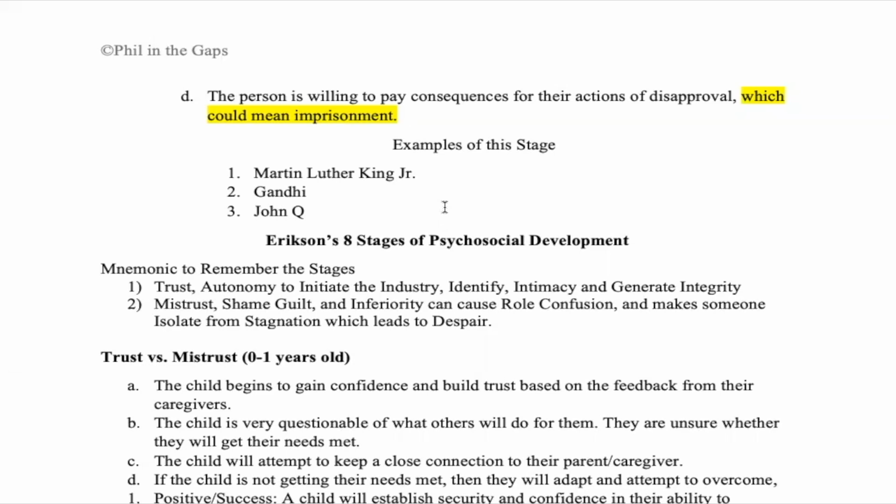The next example, Gandhi, was willing to fast and put his own life on the line and have peaceful protest in order to stand up for his country getting their needs met and getting independence in some way, shape, or form. It wasn't just, all right, it's only my community. It's like, you know what? I'm going to make sure that my entire country is not being discriminated against, not being controlled in any way, shape, or form.